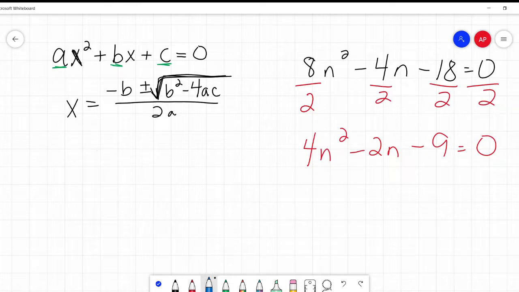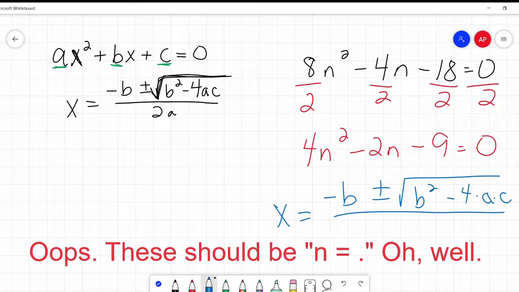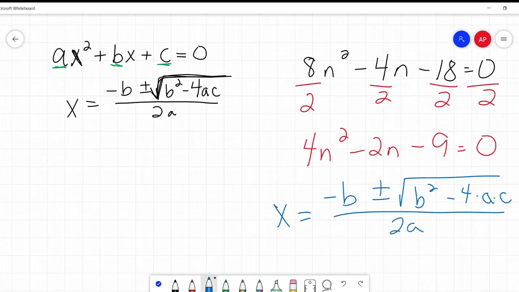Now it's time to start plugging it into my formula. Okay, same thing. x equals negative b plus or minus square root of b squared minus 4 times a times c, all over 2 times a. What is my b? My b is negative 2.